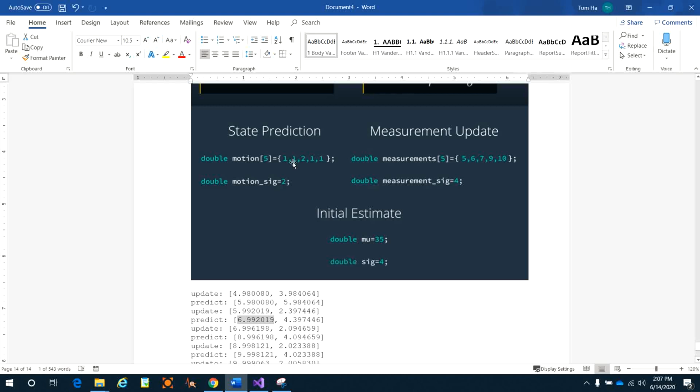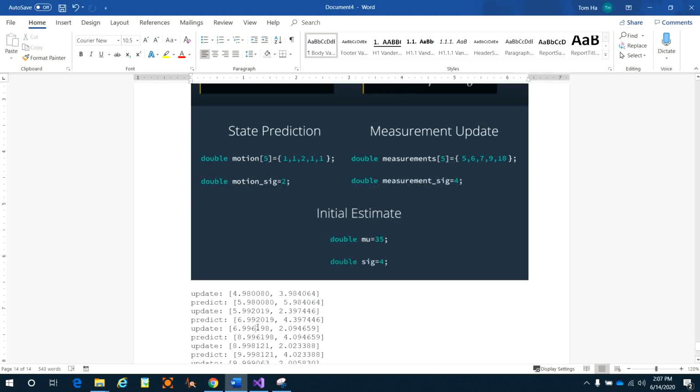They move 1, and the motion uncertainty is 2. They add 2 to the 2.39 and get 4.9 covariance, and for the prediction they add 1 to 5.992, because the robot predicts the next location, this position and covariance.